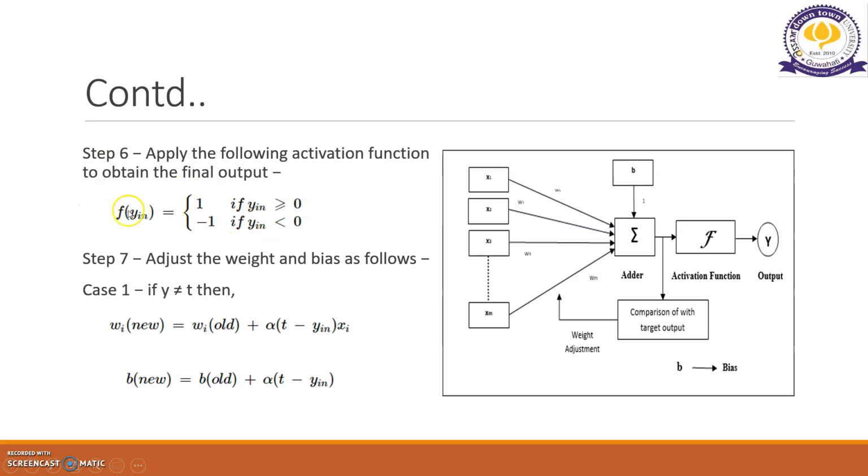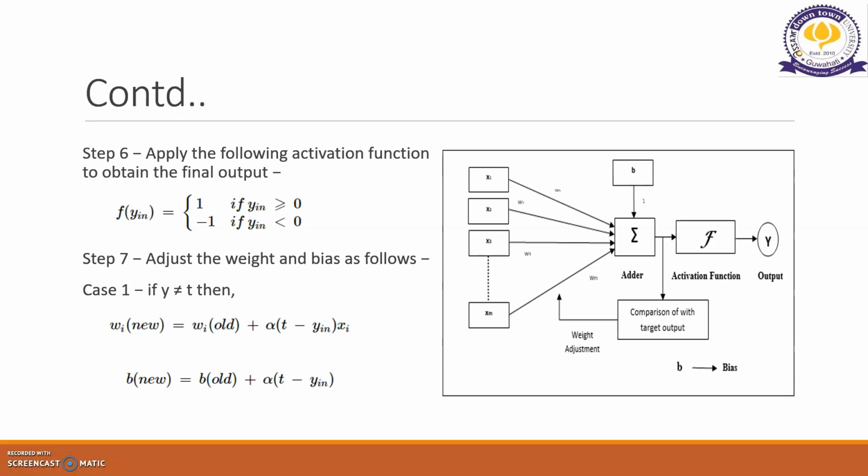Since it uses a bipolar activation function, the equation for calculating the final output is like this, which I explained before. The activation function of yin, that means the net input, is equal to 1 if the net input is greater than or equal to 0. Output will be -1 if it is less than 0.